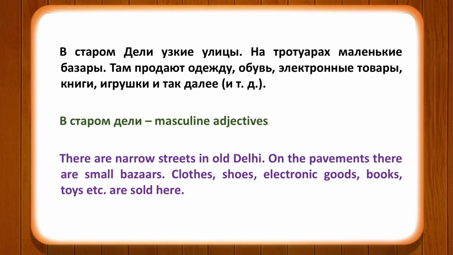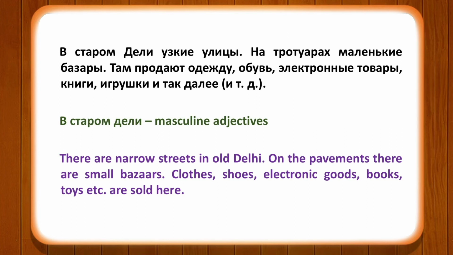Again we are using plural form here. Malenki bazar singular means small market, or malenkiye bazari small markets. So we will translate this sentence. On the pavements there are small bazaars, or you can say markets.